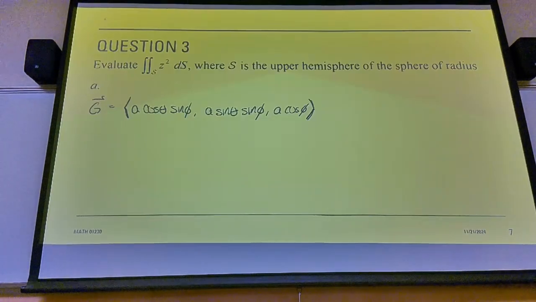There's the parameterization. Given that it's the upper hemisphere, what should our domain be? Theta goes from 0 to 2 pi. Phi goes from 0 to pi over 2.